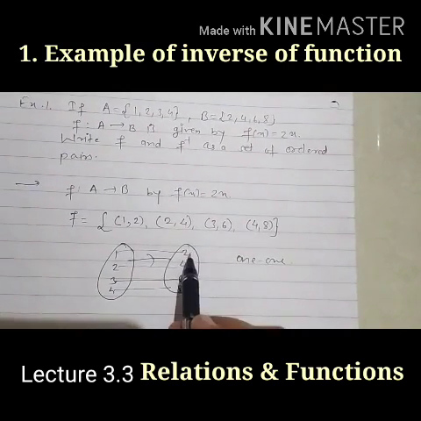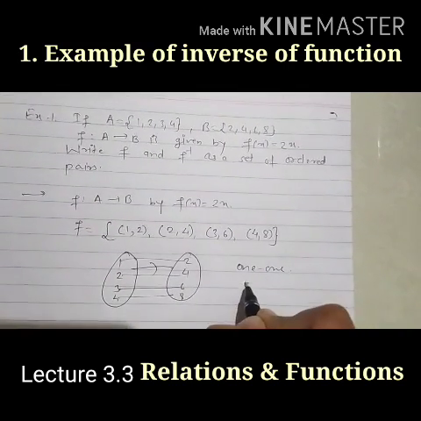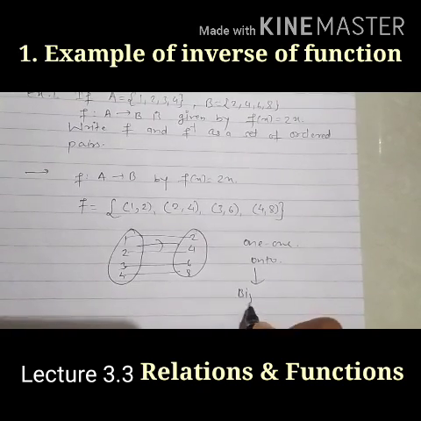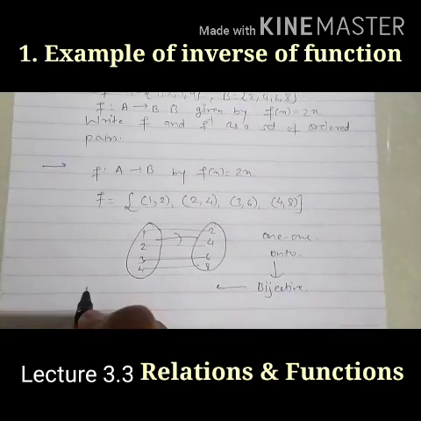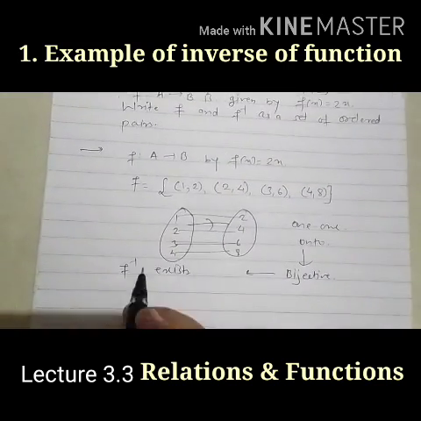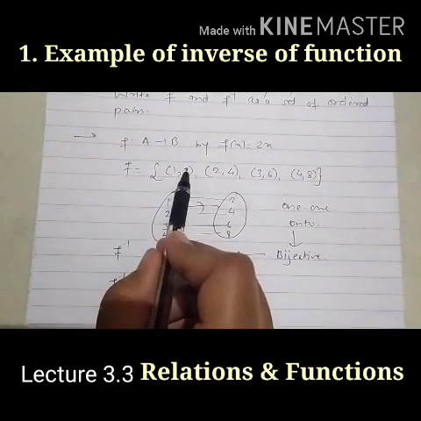Then all elements are having pre-images in the codomain set. It is an onto function. So it is a bijective function. So it is a bijective function means f inverse exists. Okay, so what will be the f inverse? You write these ordered pairs reversely.